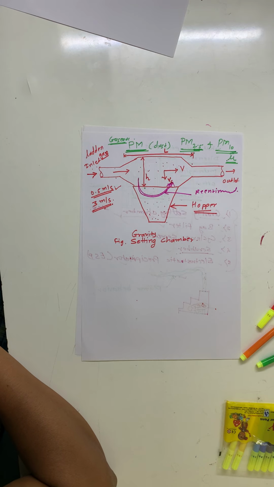Now where and how are the particles going to settle down? As I told you, the gas velocity should not be less than 0.5 meter per second and should not be greater than 3 meter per second.